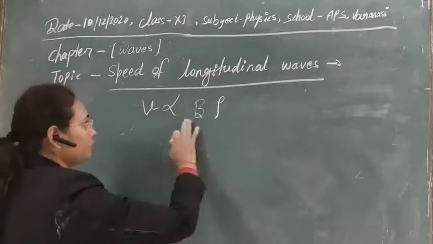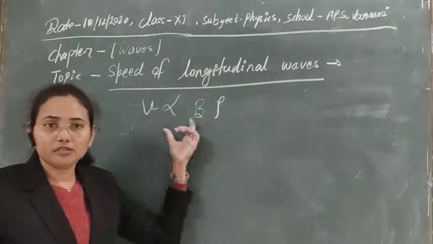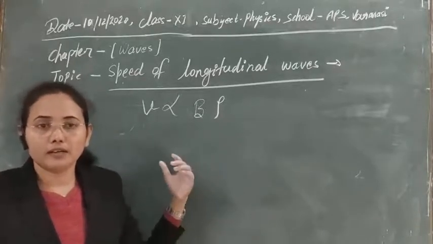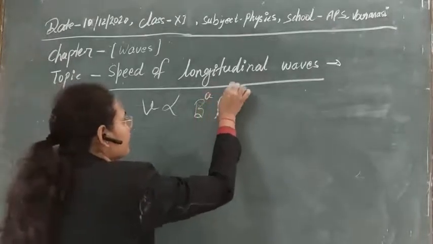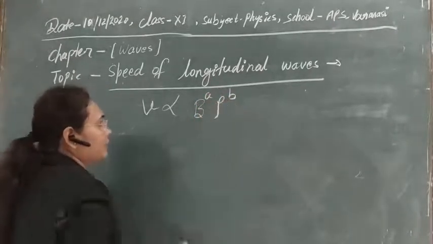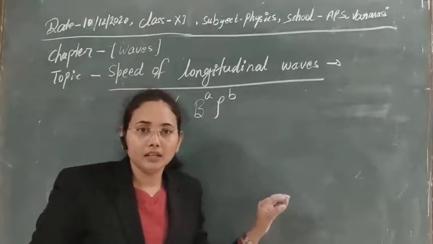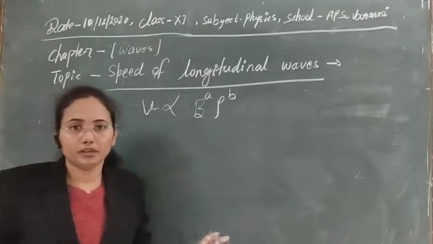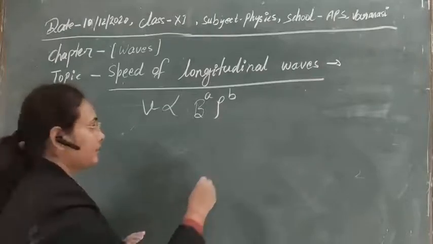Suppose I don't know in which way the velocity depends on these two factors, whether it is proportional or inversely proportional. So for that, let's put the powers a and b, and with dimensional analysis we will see what is the correct expression for the velocity of the longitudinal wave. So let's start the dimensional analysis.